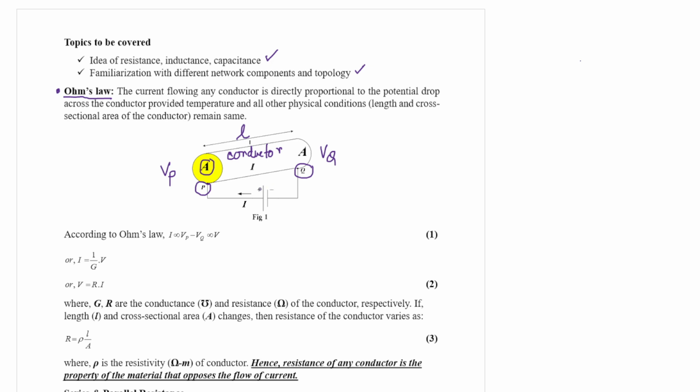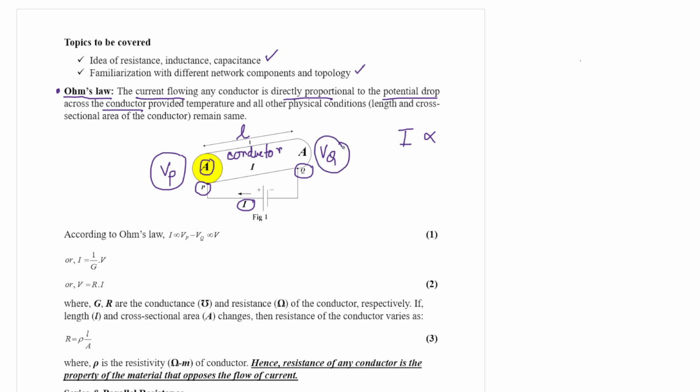Then whenever a source is connected across the conductor, a current will be flowing as shown in figure 1. So according to Ohm's law, the current flowing is directly proportional to the potential drop across the conductor. Here potential at P is Vp and potential at Q is Vq.